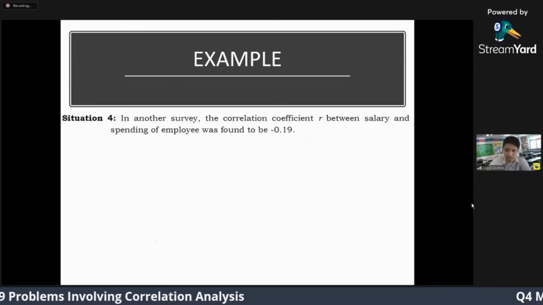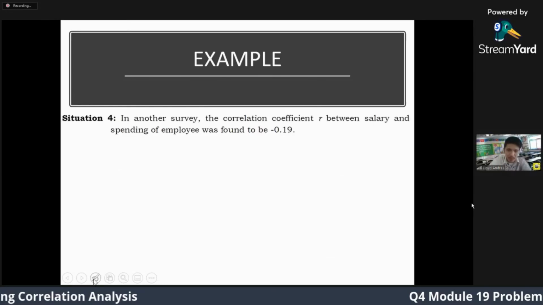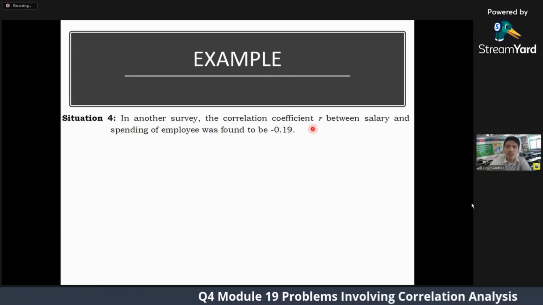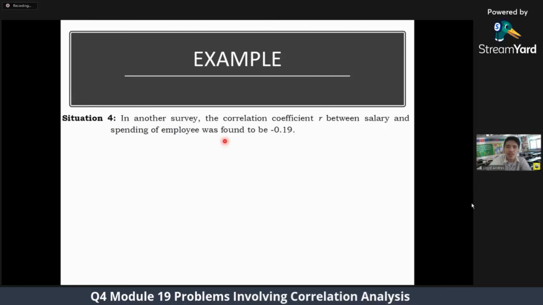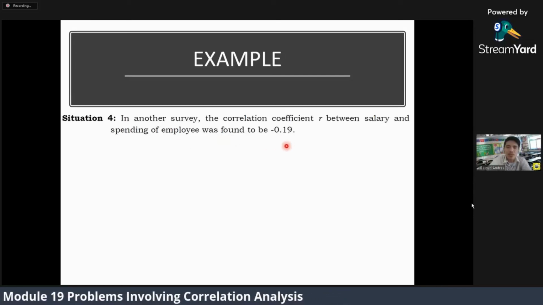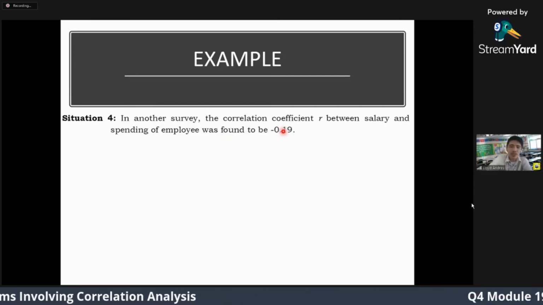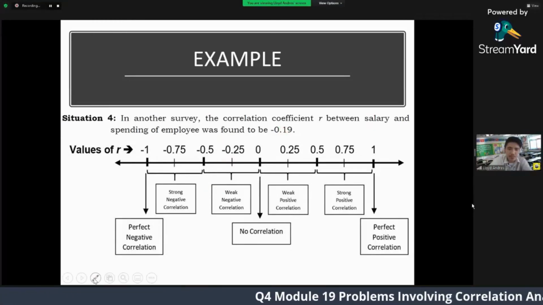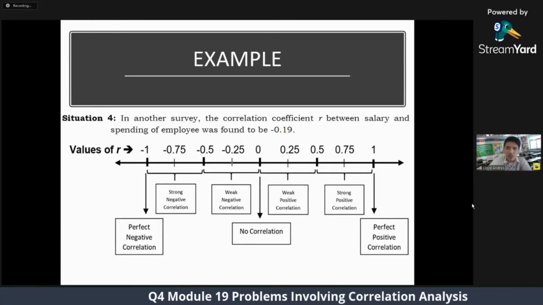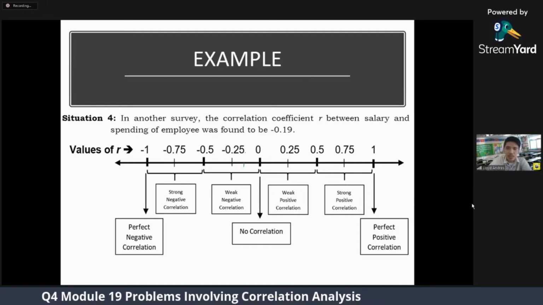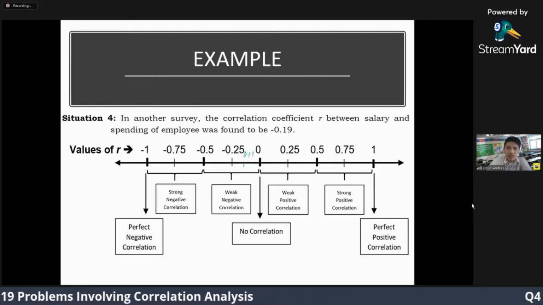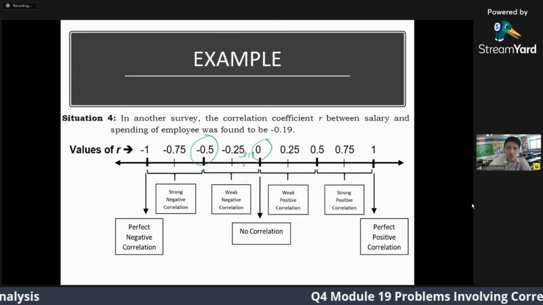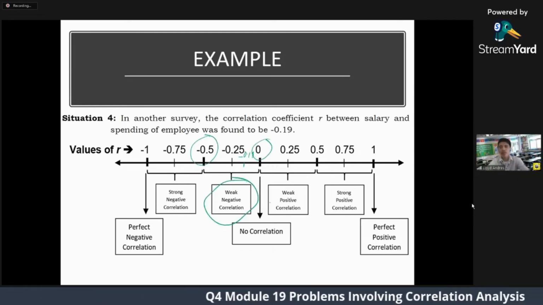And last, I think is the last situation. In another survey, the correlation coefficient R between salary and spending was found to be negative 0.19. So negative 0.19 is asa na kaya? Naa na diri. So negative 0.19, therefore between negative 0.5 to 0, so weak negative correlation.